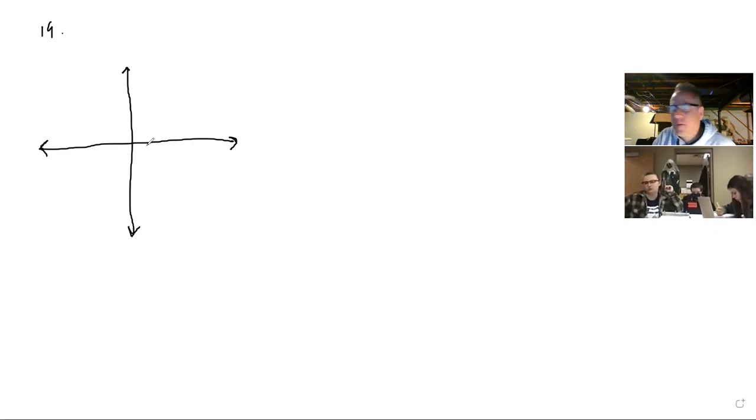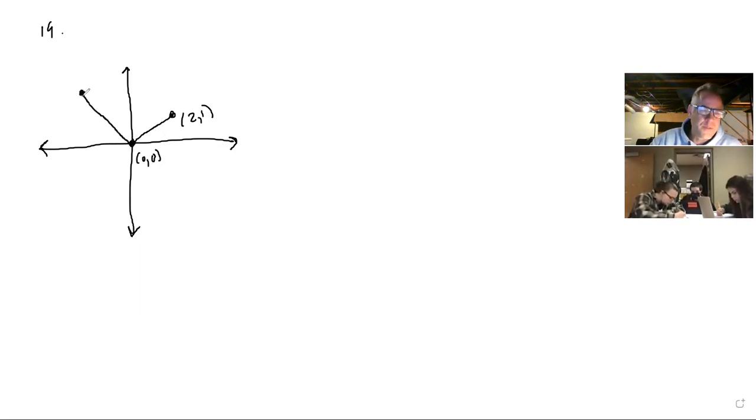And we've got, that's defined, so they have it labeled 0, 0. And that point is named 2, 1. And then we have another piece and it's doing something like this.